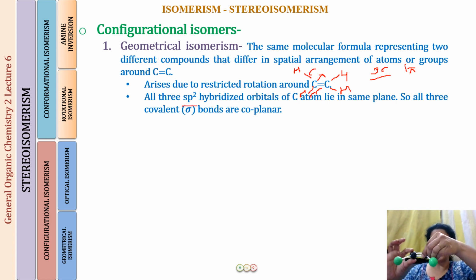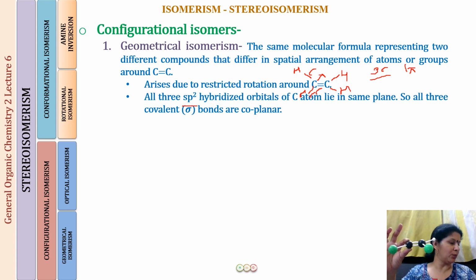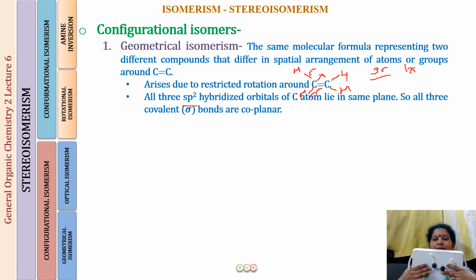So if you look at this structure, this is my carbon I am talking about. So this, this, this. These three will be forming a triangle and all of them are going to be in one plane. Now, how do you understand this? You see over here. If I keep this over here, you can see all the atoms are touching the tray.